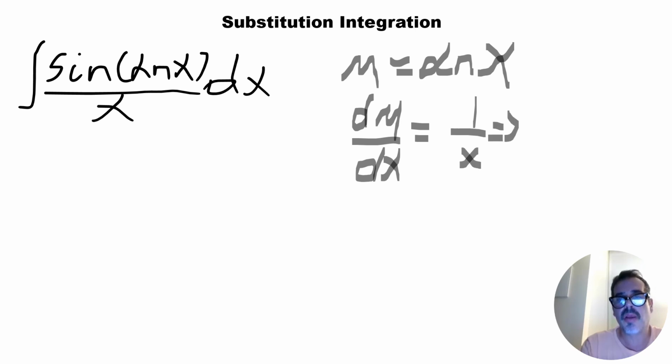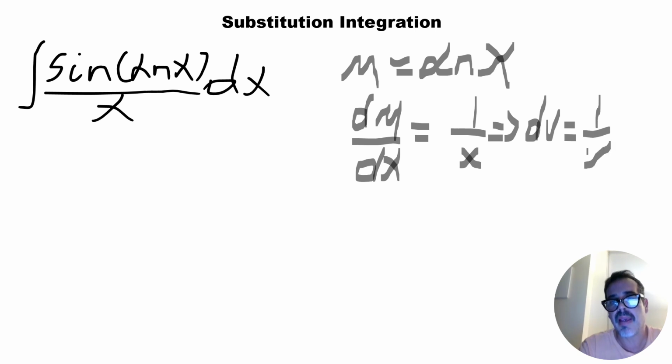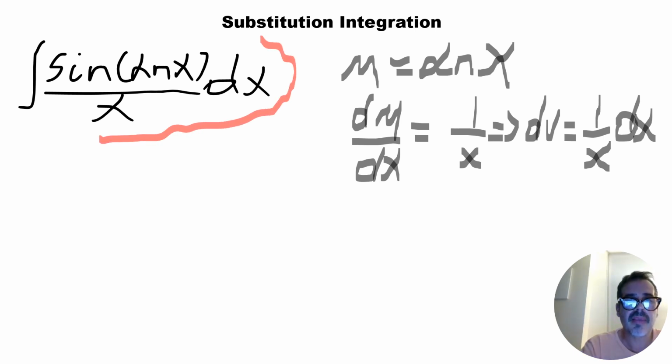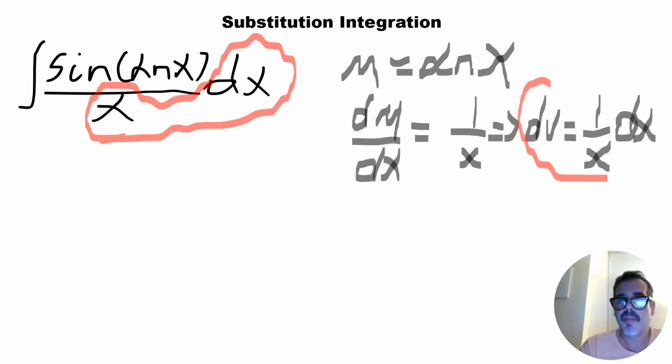And therefore, if I find what du is, I'm going to recognize immediately that du is actually 1 over x dx. So what I have to be able to understand here is that this over here becomes exactly my function here. So I can make my substitution very simple by doing this.